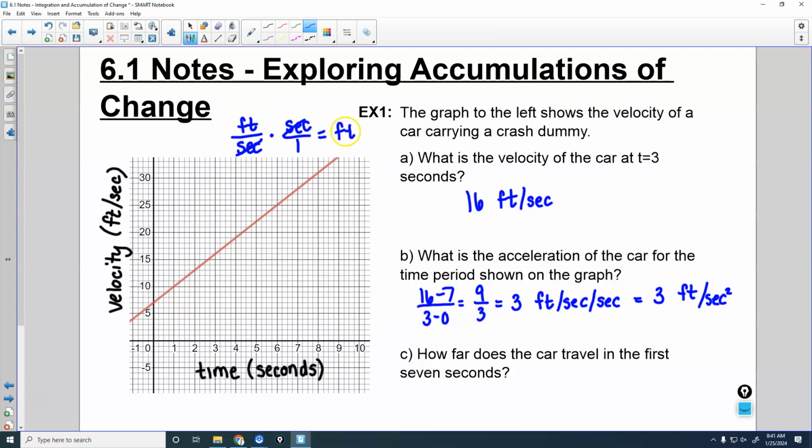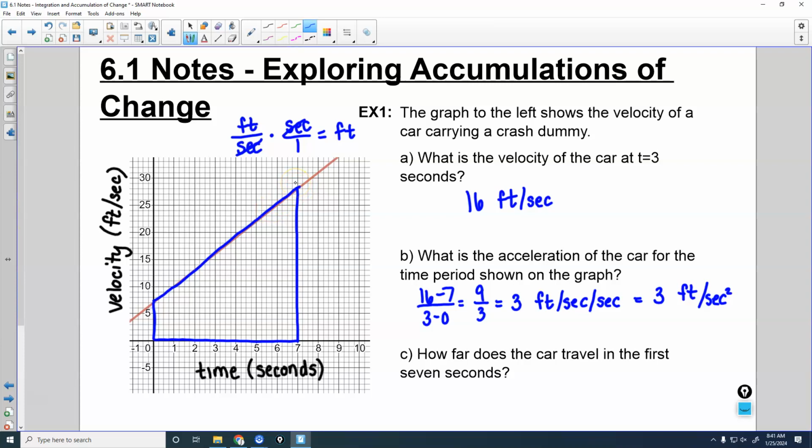We just get the amount of feet that we've traveled. So to find the answer to this, it's not exactly going to be a triangle, because is this shape right here a triangle? No. But we do want to find the area of this shape right here.